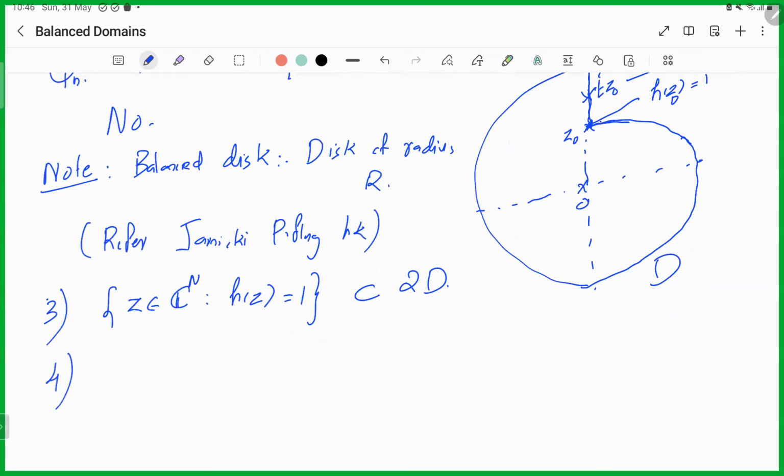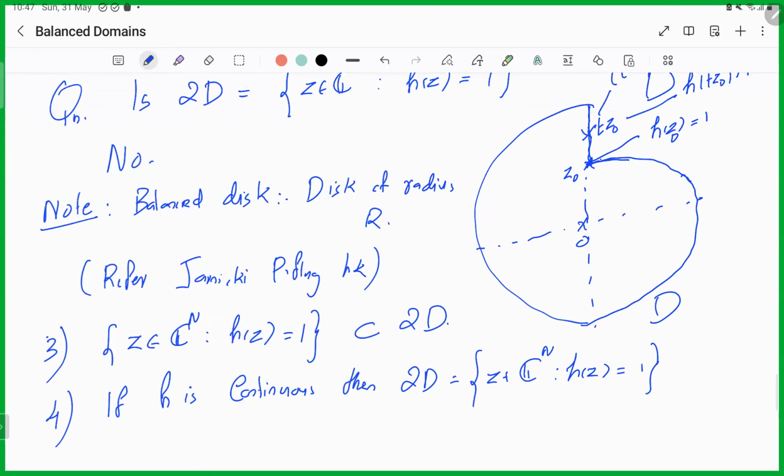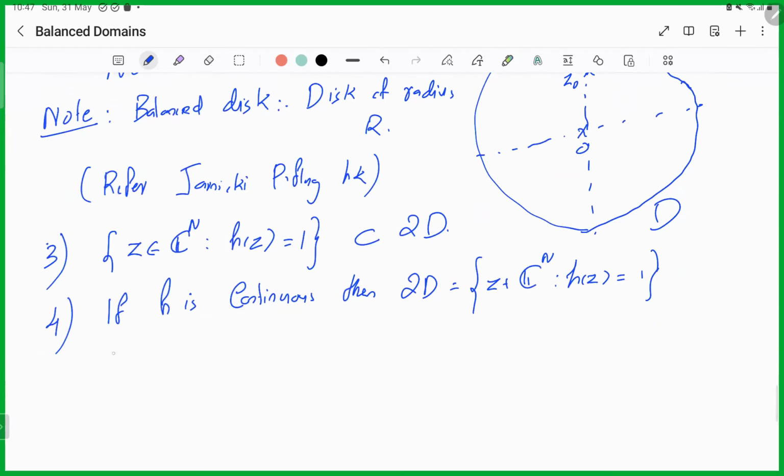Property 4: if the Minkowski function is continuous, then boundary D is exactly equal to the set where H equals 1. One inclusion is shown; how to prove the other? The reverse inclusion is easy, actually.